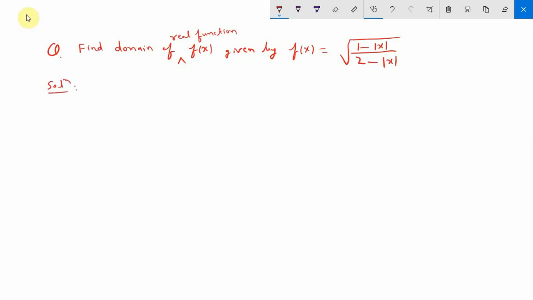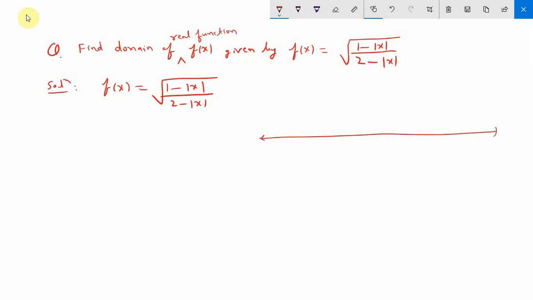We have to represent this on a number line, and whatever is under root has to be non-negative. So f(x) is given as under root of (1 minus mod of x) by (2 minus mod of x). Okay, so we can clearly see if we represent this on a number line.